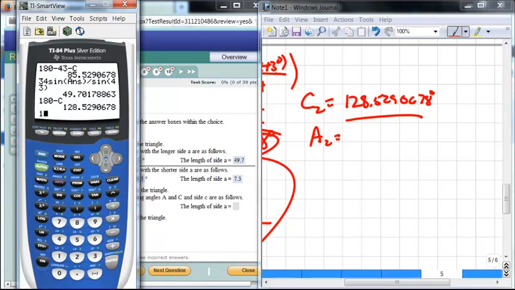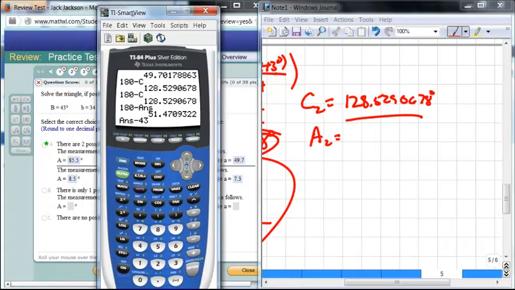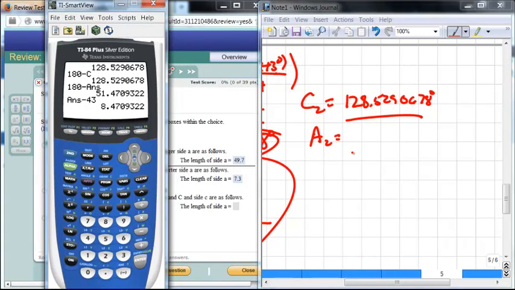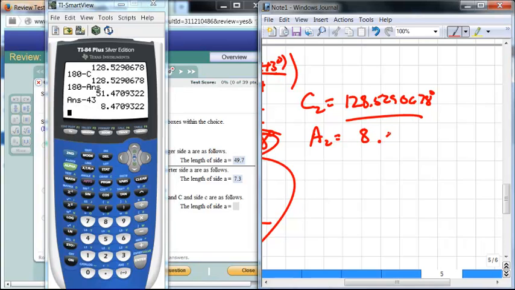Of course if you do 180 minus that, we'll be back at the 51 point something, what we had before for C. And we take away from that the 43, I believe it was, for angle B. And that leaves about 8.4709322 degrees.